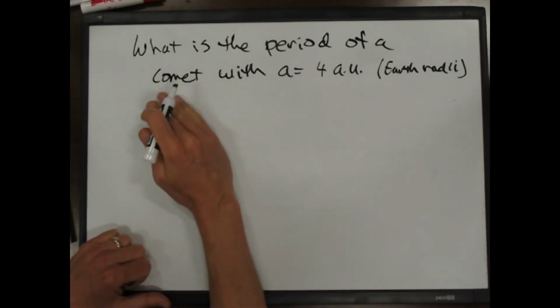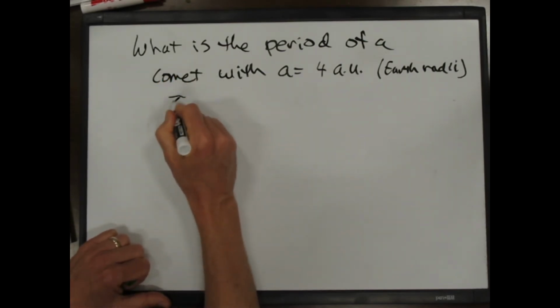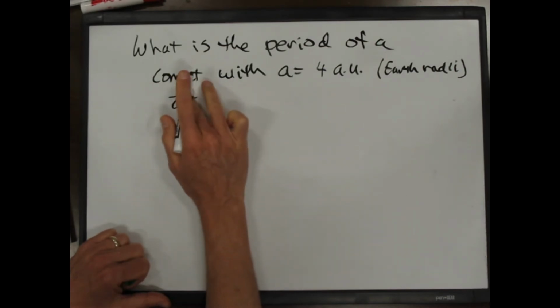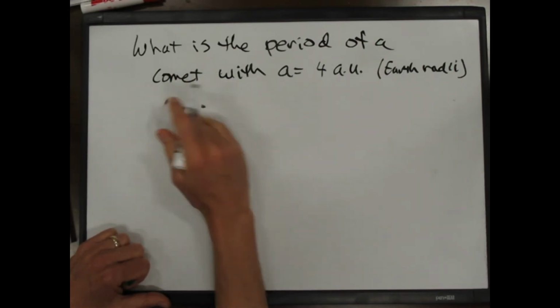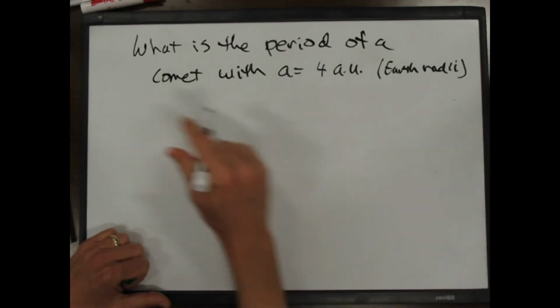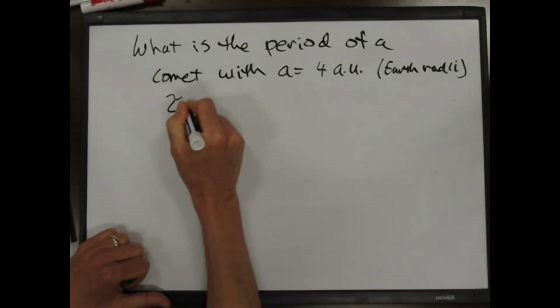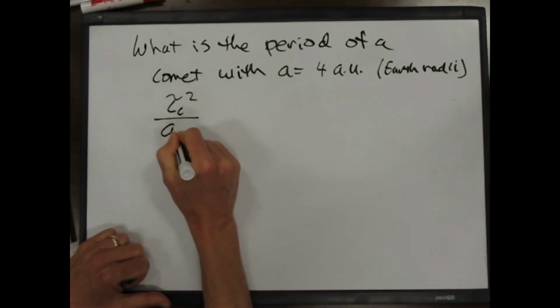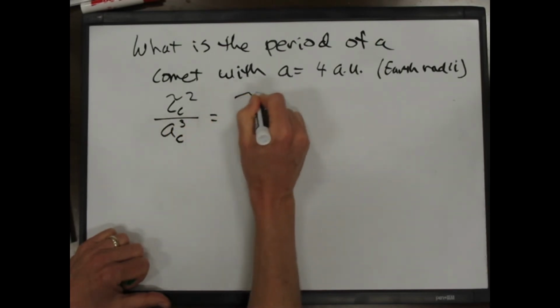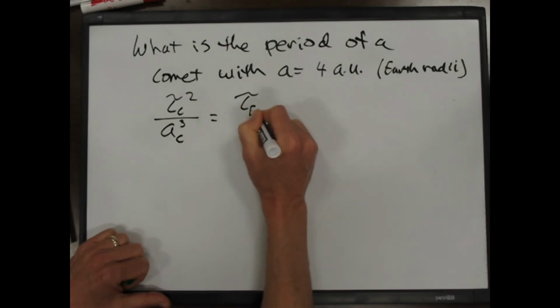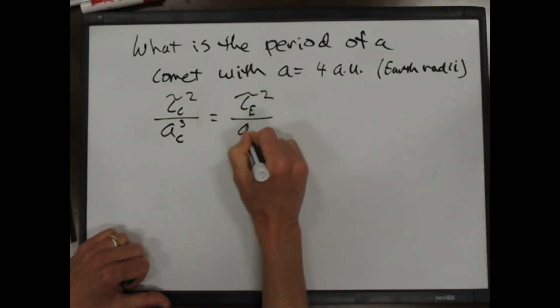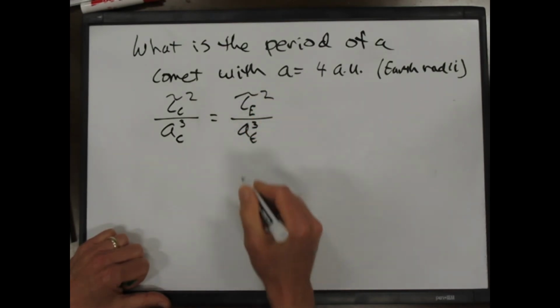And so we can say, look, Kepler's third law says the period of the comet squared divided by the semi-major axis of the comet cubed is equal to the same thing for the Earth: the period of the Earth squared divided by the semi-major axis of the Earth cubed.